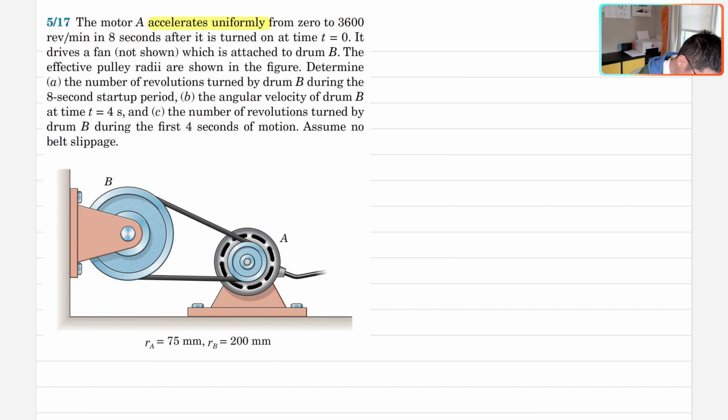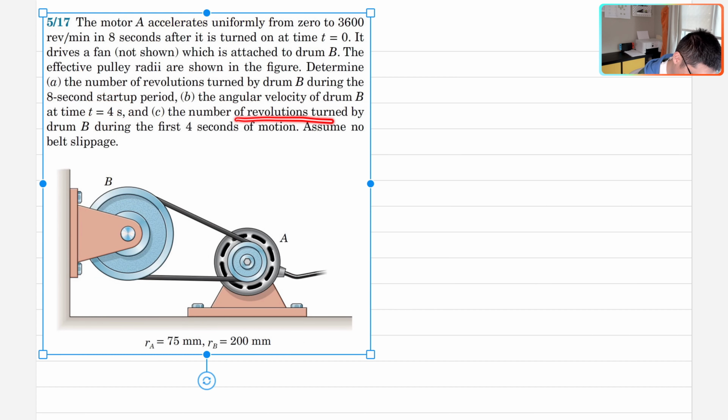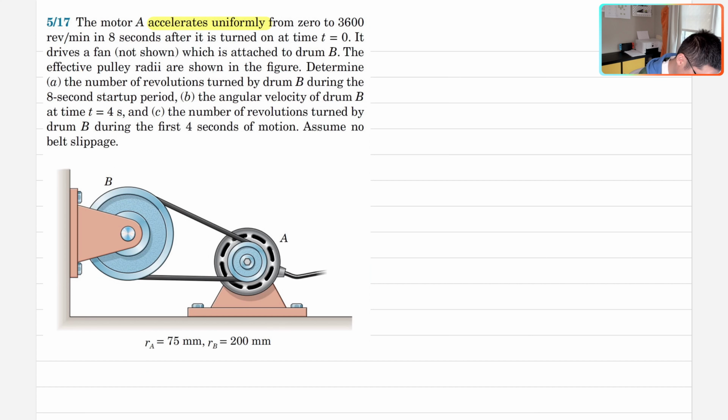Part A: determine the number of revolutions turned by drum B during the 8-second startup period. Part B: the angular velocity of drum B at 4 seconds, and Part C: the number of revolutions turned by drum B during the first 4 seconds of motion, assuming no belt slip.